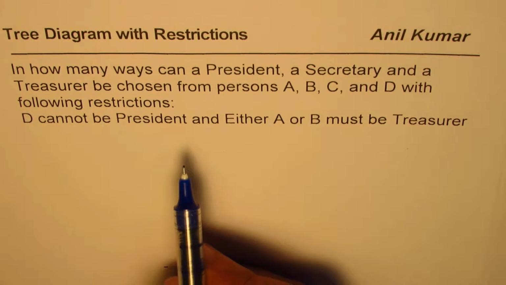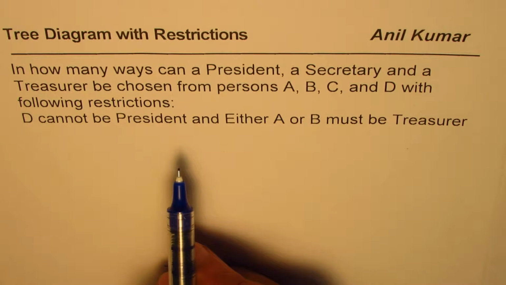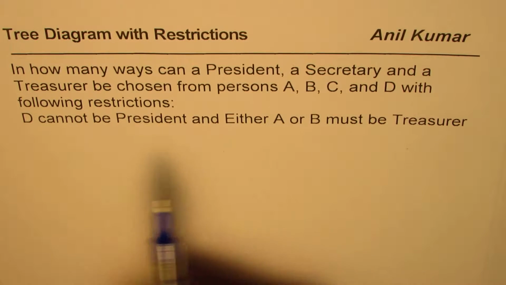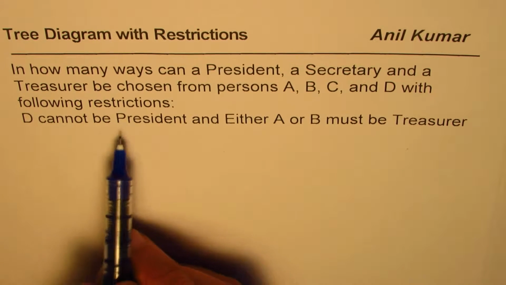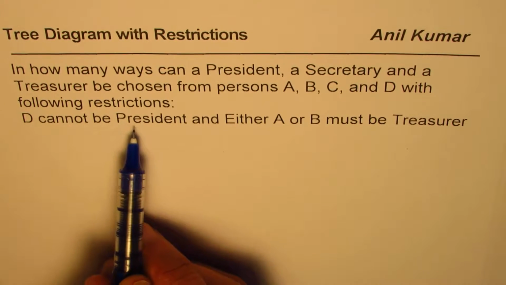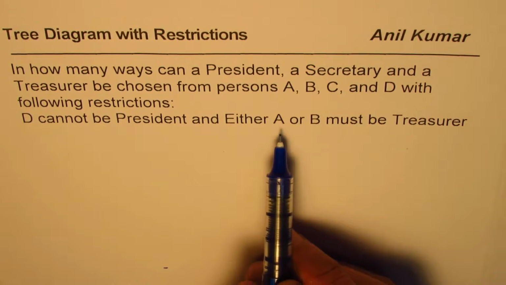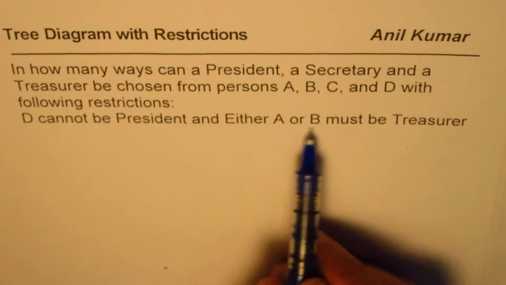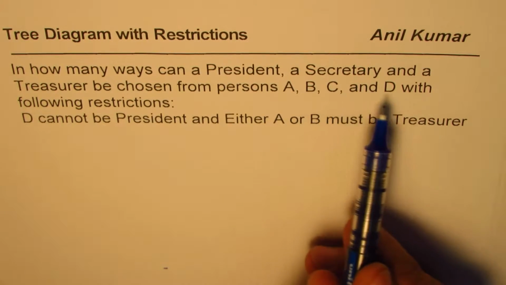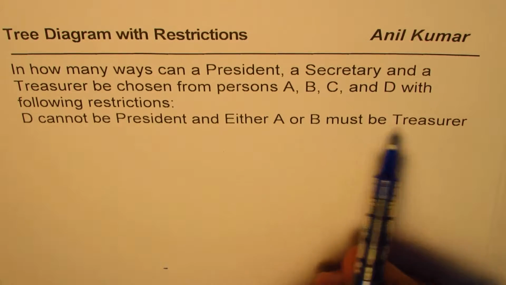Now the critical part here is to start with the most restricted position. Amongst the restrictions we are given, D cannot be president. So there is one restriction for president. Either A or B must be treasurer. So treasurer is most restricted. Out of 4 persons, only 2 can be treasurer.